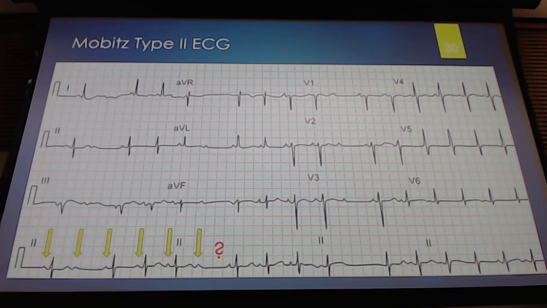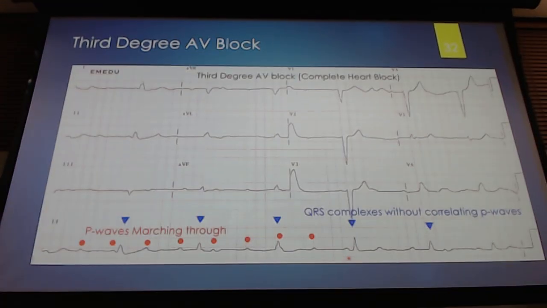If we come back and we look at this, do we have wide complexes in this Mobitz too? No, because the ventricles are still depolarizing correctly, just not every time. So here we're talking about wide complexes in our QRSs. Our QRSs are wide. And we've got to try to figure out, are they marching out?